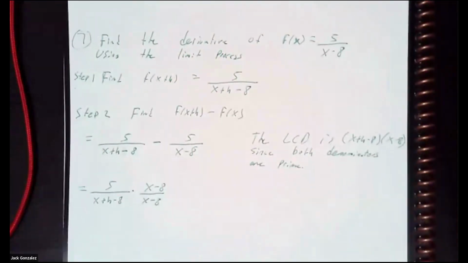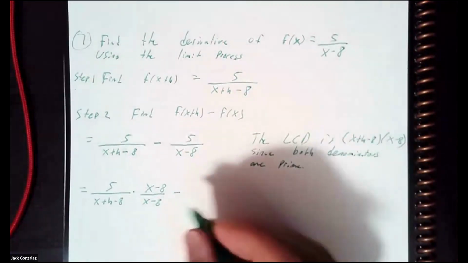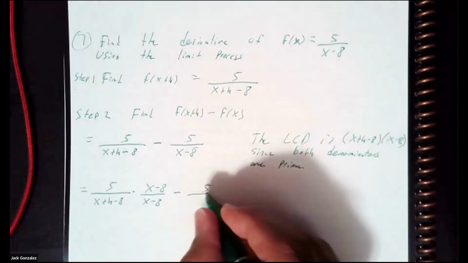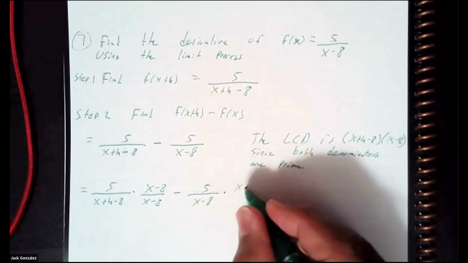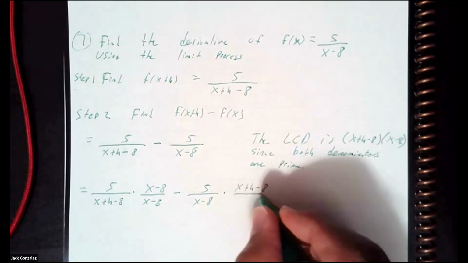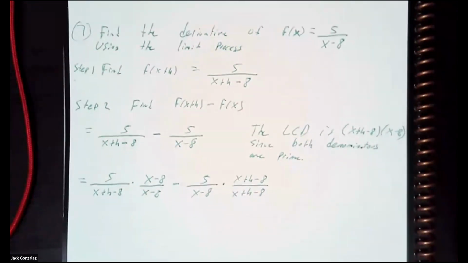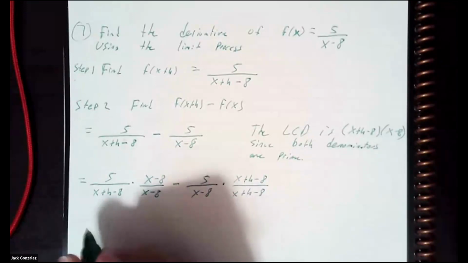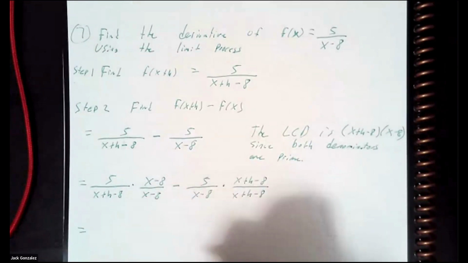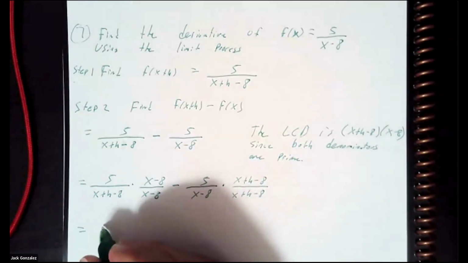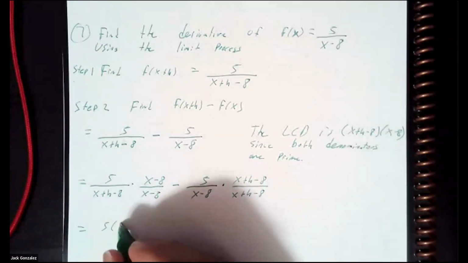We don't have to think too hard because they're prime. This one needs x plus h minus 8. Here we go. I'm not going to multiply the bottom part, at least not yet. So I'm going to leave it as 5. Well, let's go ahead and show everything.